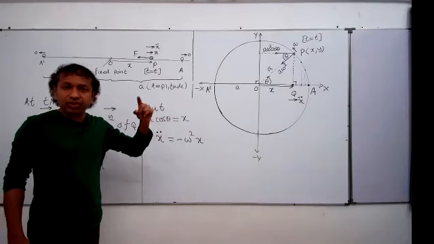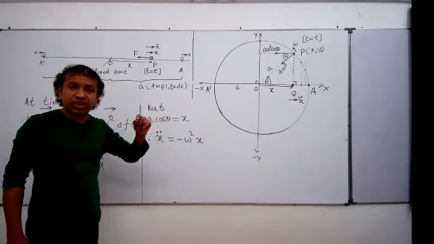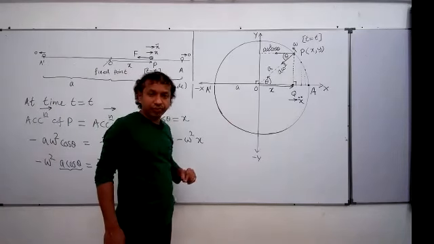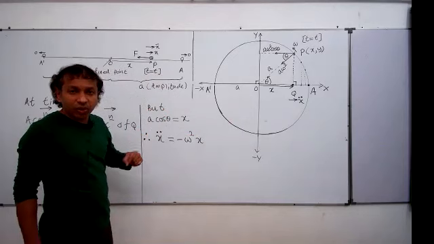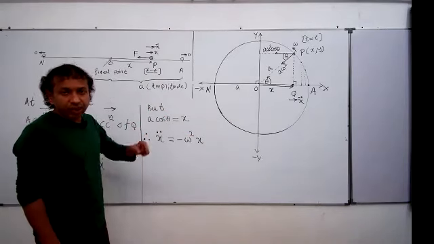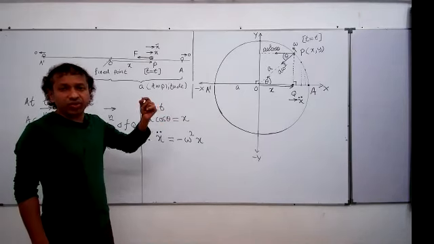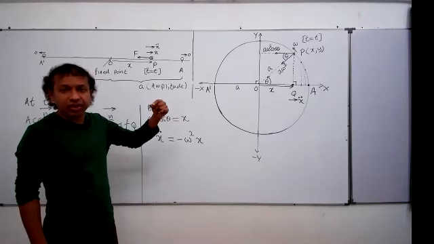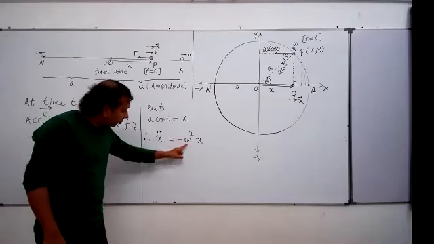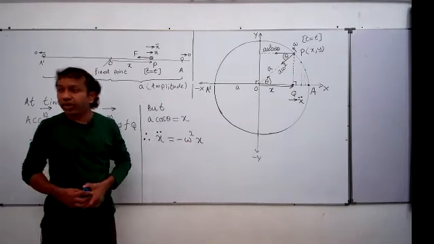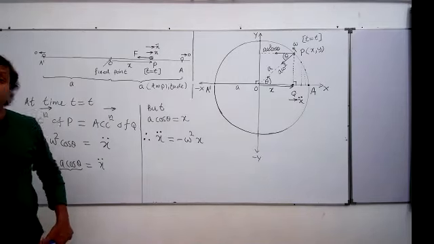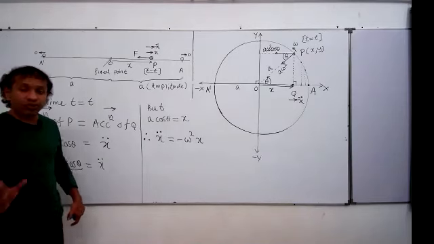The center of the circle is the center of the simple harmonic motion, the radius of the circle is the amplitude of the simple harmonic motion, and the constant angular velocity of the particle on the circle is this omega. That way we can get the corresponding circular motion for any simple harmonic motion.